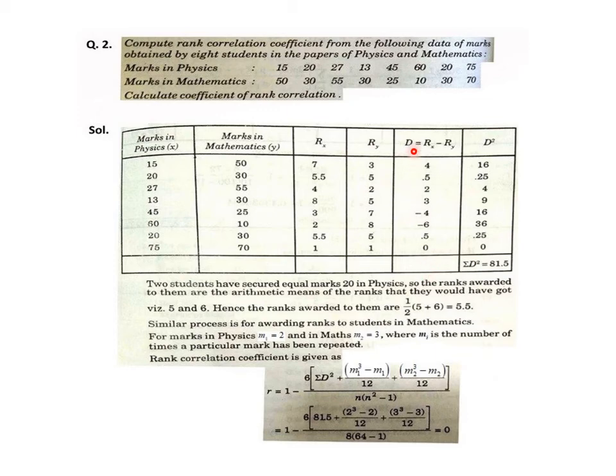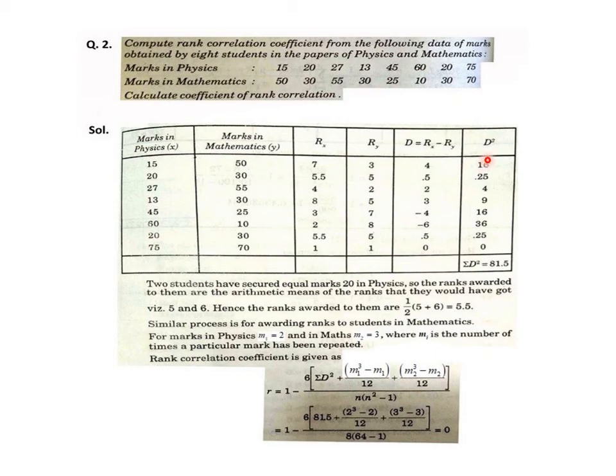We don't need this column, sigma D is required in no formula, but still if you add it, you will find the sum of this column is always 0 in any problem of rank correlation. So you can at least cross check, like in this typical problem, whether you assigned ranks correctly or not. If the sum of all values of D is 0, then at least you can confirm you assigned ranks correctly.